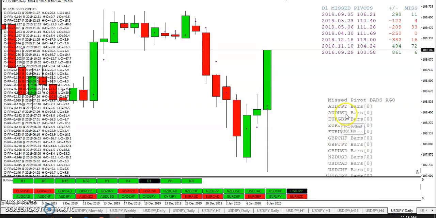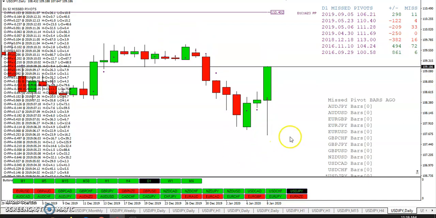Why is it doing that? It really killed that pivot here. Took out this missed pivot right here. Let's see. I don't know if there was a missed pivot here or not, but you can see we definitely took out some missed pivots.